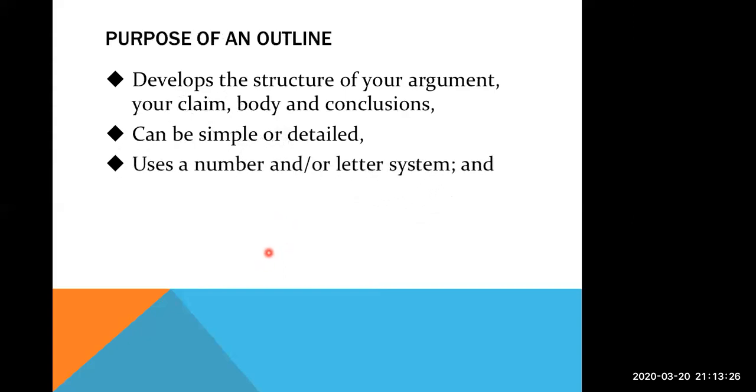It uses a numeral or a letter system, and involves change. Outlines can be changed. Outlines are not rigid. They are flexible and cyclic, and do not take one linear form. It could be changed at any time of the research writing process.